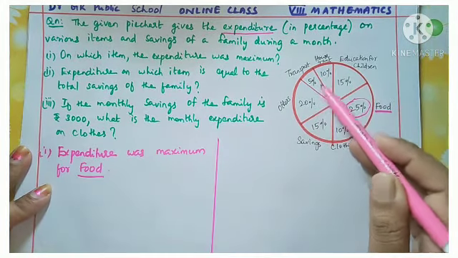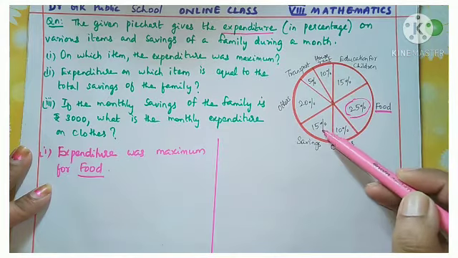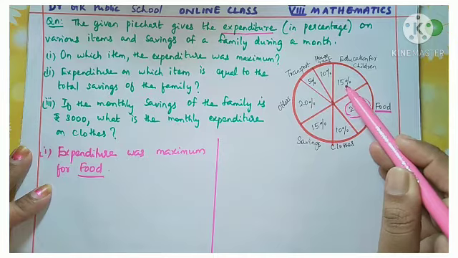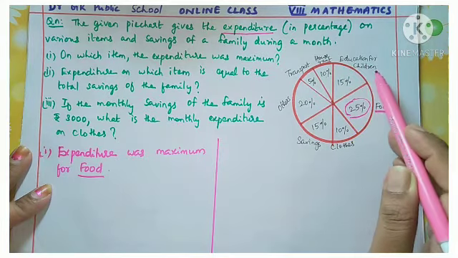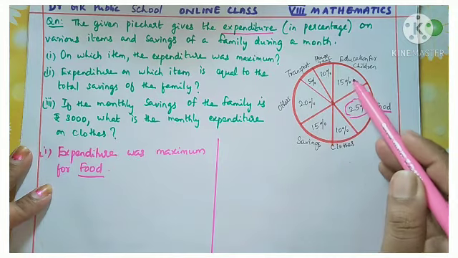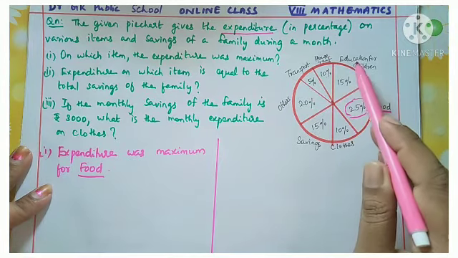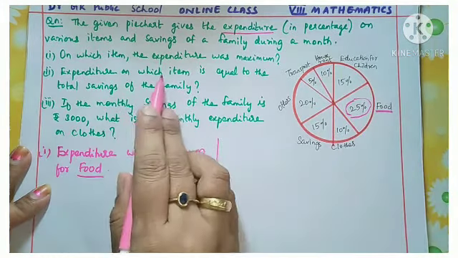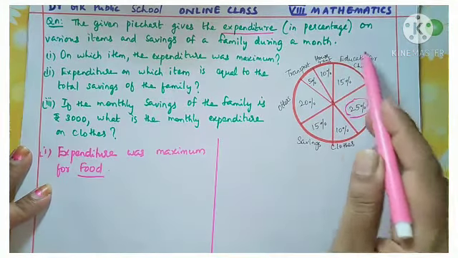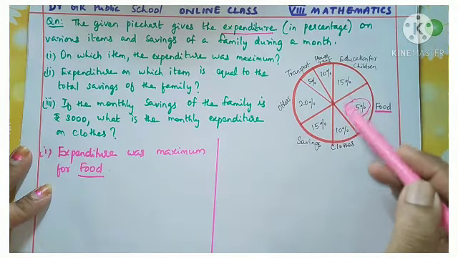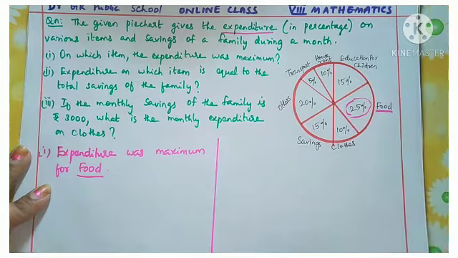So you go through the pie chart, you can see that this 15% is equal to, here also 15%, that is education for children. So the total savings value is also equal to which item? Education for children. So that is the answer. Expenditure on education for children is equal to savings. Okay, so that is also clear from the pie chart.